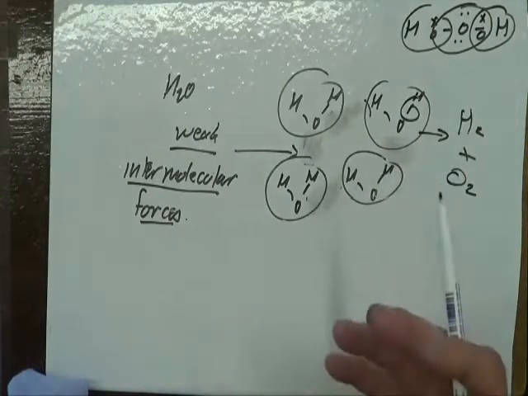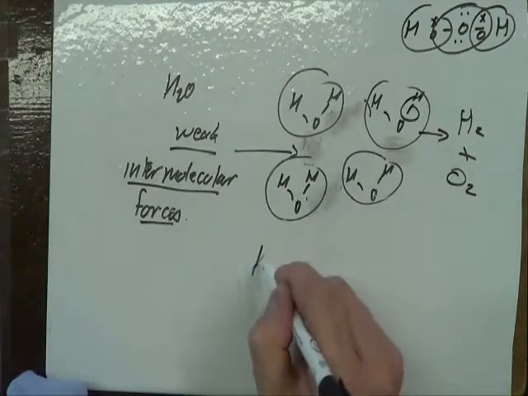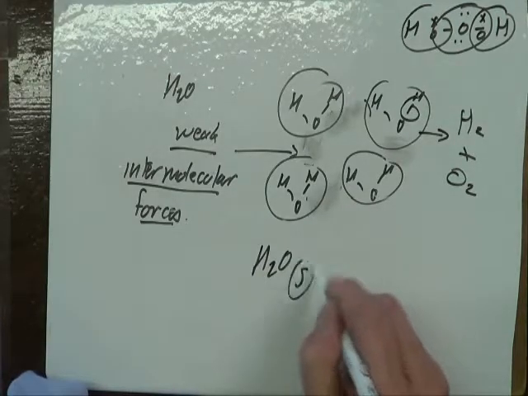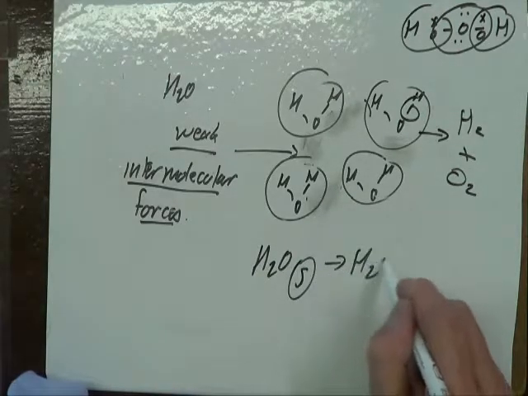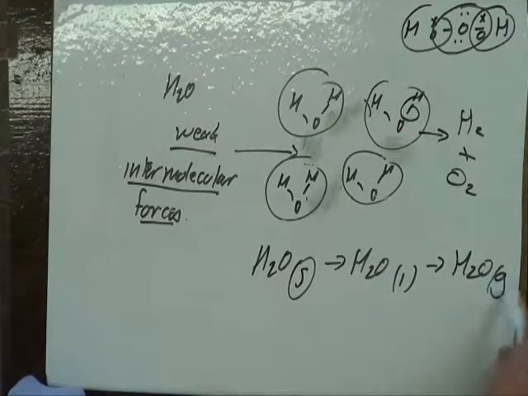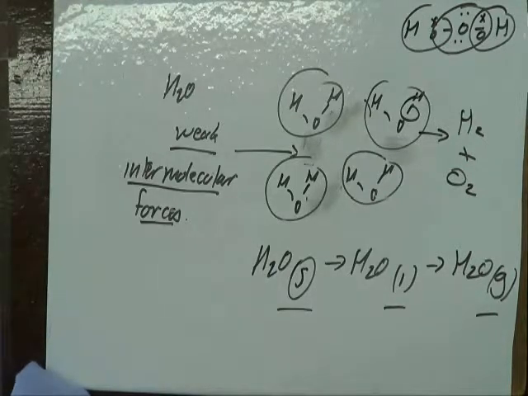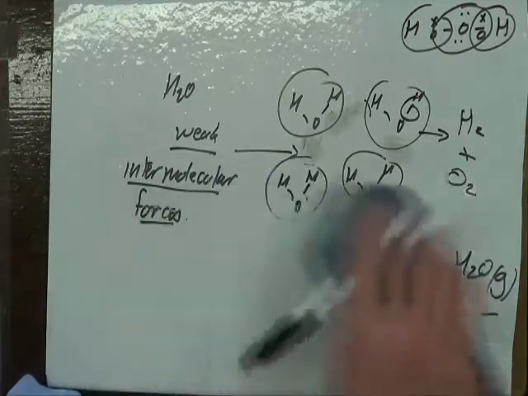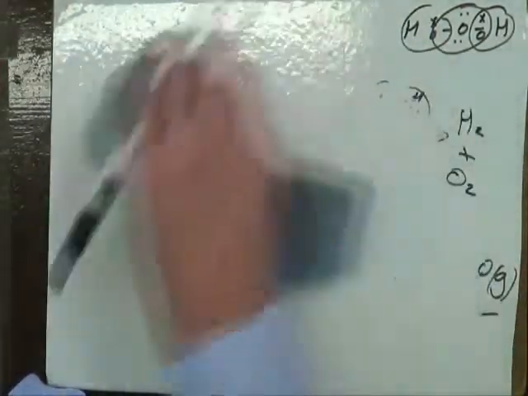And that would not be melting or boiling, because that would be a chemical change. Melting, remember, is taking solid water and turning it into liquid water. Boiling then turns that into gaseous water. I do not ever break the covalent bonds and turn it into oxygen and hydrogen. So, simple covalent structures have very low melting points and boiling points.